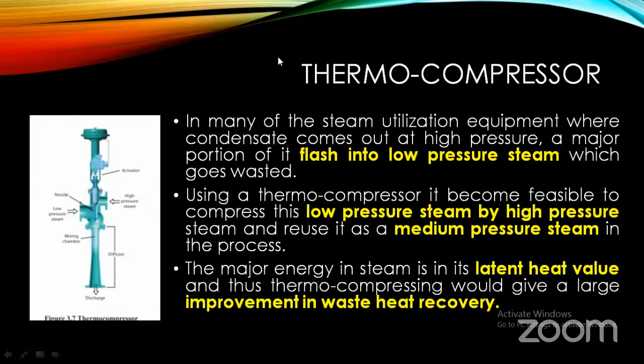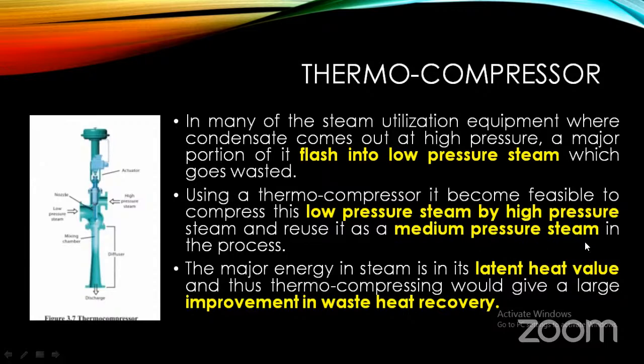So here, in the utilization part, where the condensate comes out at higher pressure, a large portion of the steam is getting wasted as a flash, into a low pressure steam. In order to overcome it, we use a thermocompressor and we compress this lower pressure steam with the help of a higher pressure steam.